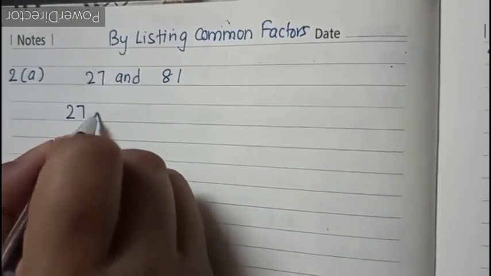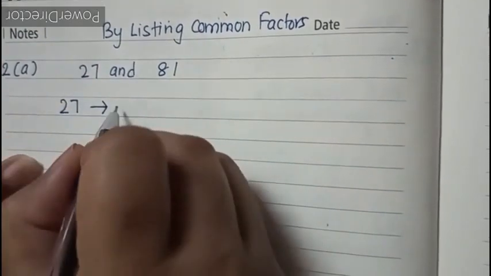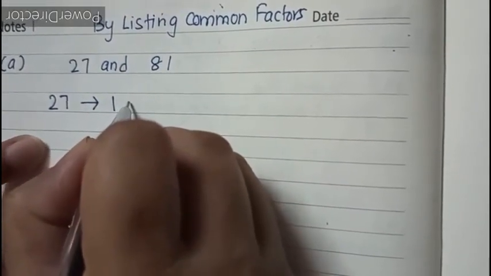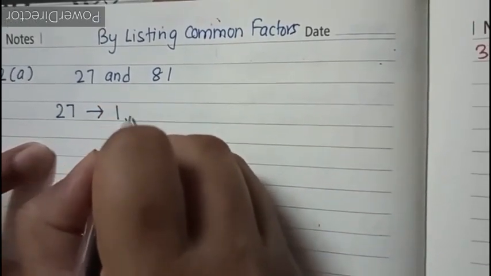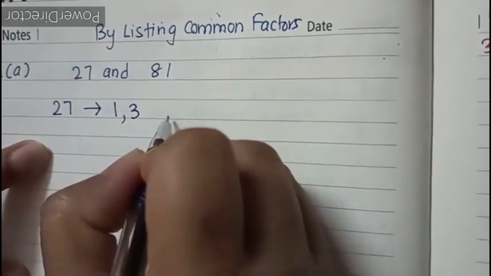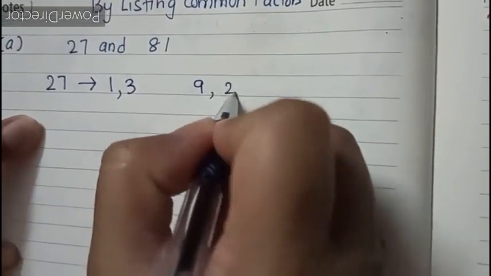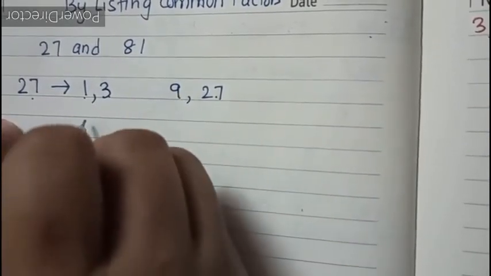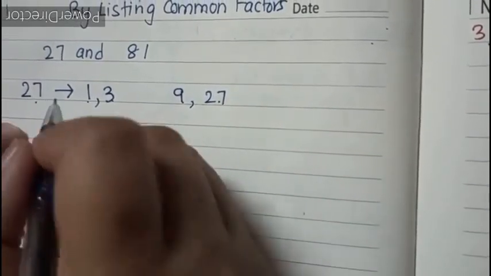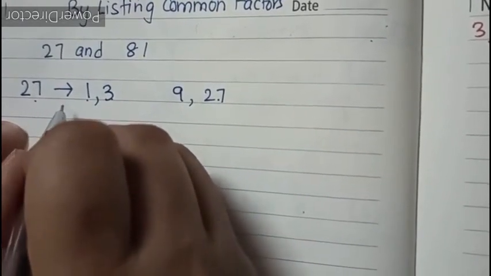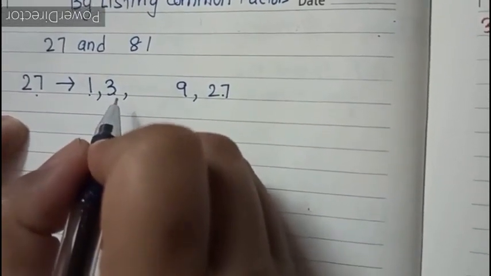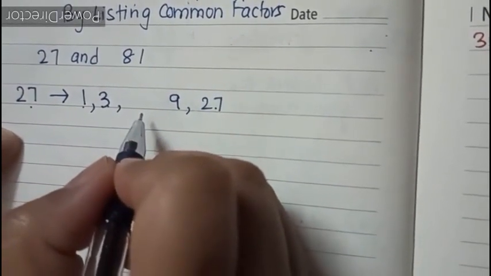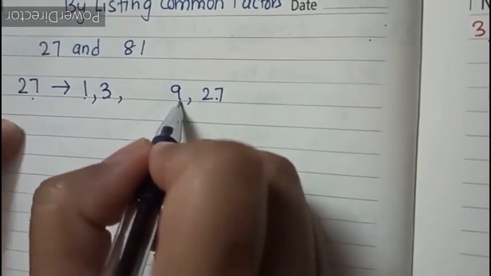So what are the factors of 27? 27 comes in the table of 1. In the table of 2 it does not come. Then 3 nines are 27, so 9 will also be there. 1 into 27 is 27, 3 into 9 is 27. 4, we don't have 27 in the table of 4. 5 is not there. 6 not there. 7, no. 8, it is not divisible. 9, it is divisible.